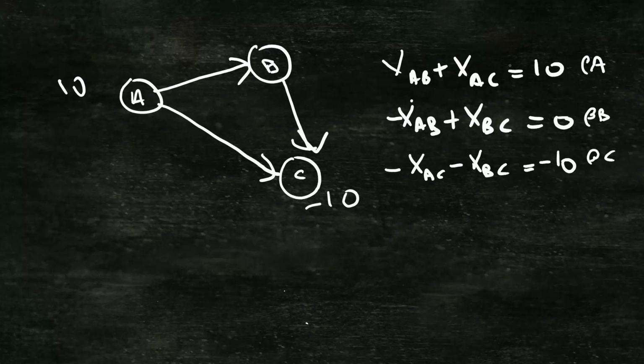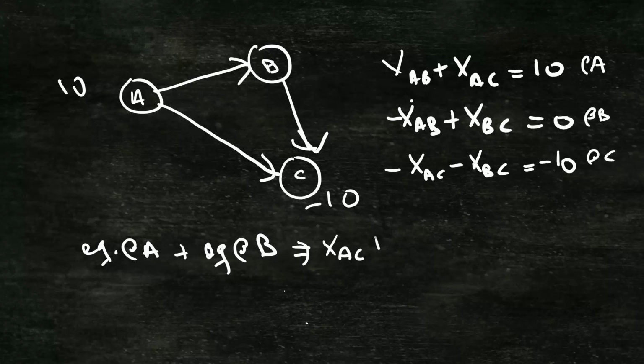In fact, if we take the equation at A and add to it the equation at B, we're going to get x AC plus x BC is equal to 10, which is exactly the equation at C, with the sign reversed.